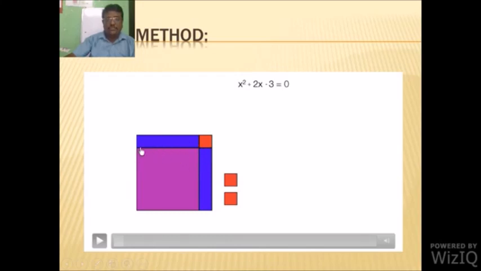The area of the blue rectangle is x into 1, that is x, and the second blue rectangle is again x into 1, x. There are two rectangles, so the area is 2x, and the area of the square is x into x, x square. The area of the smaller red square is 1 square unit.